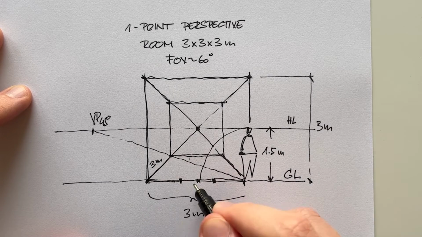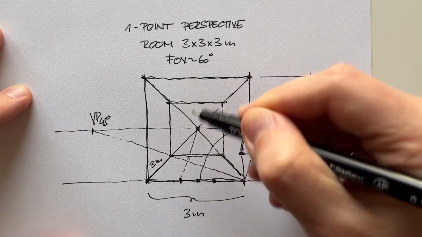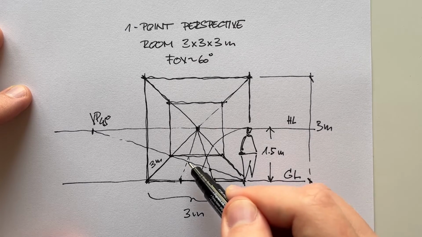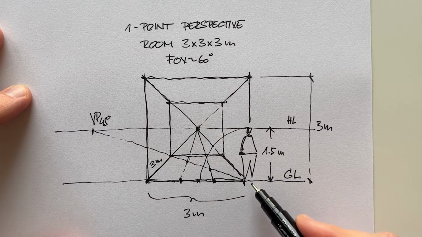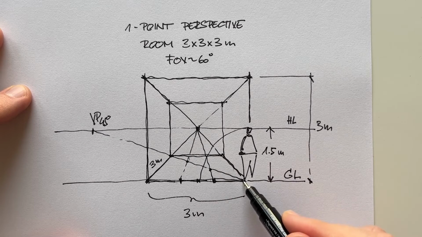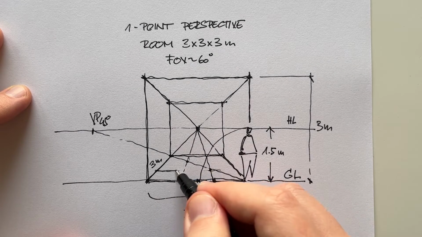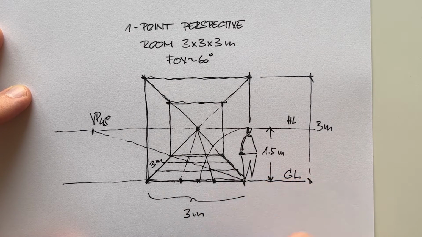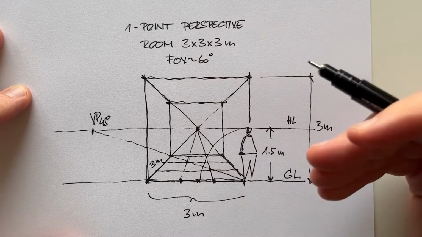So this is 1 meter, 2nd meter, 3rd meter. And if I connect it to my vanishing point, it will reveal on the intersections with the 45-degree diagonal where I will have 1 meter of depth, which is at this level, and the 2nd meter of depth. And you can see that they are increasingly smaller and smaller because of foreshortening.